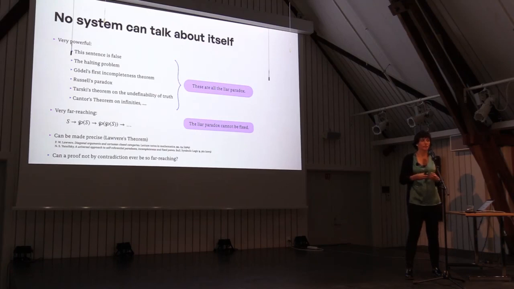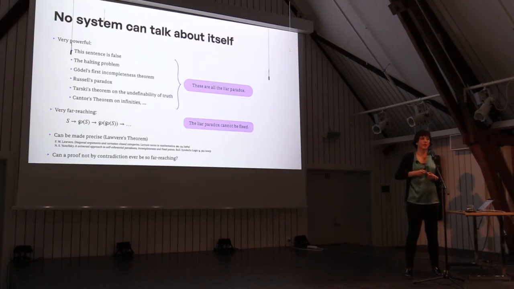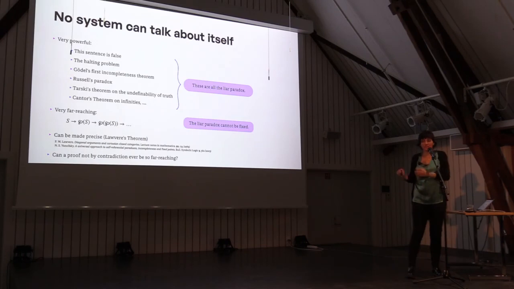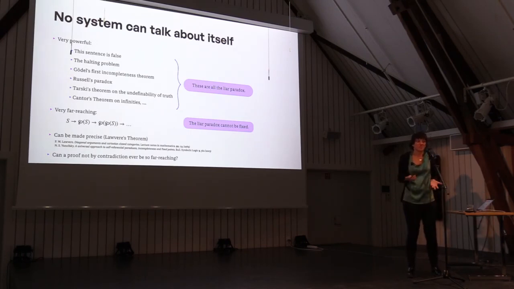And so I wonder if a proof which is like a constructive proof, as in something that you can prove from this it follows that, and from that it follows this other thing, and so on, can ever be so far-reaching. I feel that this proof is very far-reaching. It's very simple and very far-reaching. And I wonder, there is a gap between constructive proof and a proof by contradiction.